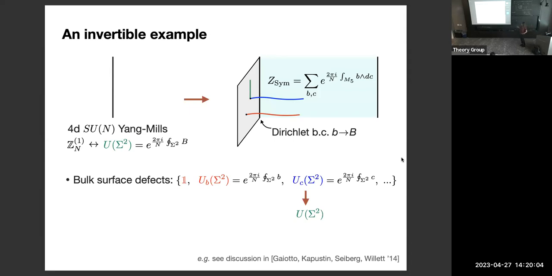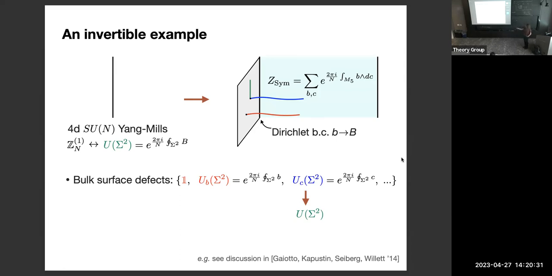So now I can look at the operators in the symmetry TFT, and I have bulk surface defects. In particular, I have the surface defect, maybe I call it the electric type surface defect, by integrating the two-form B gauge field in the symmetry TFT, and I have the magnetic type surface defect.